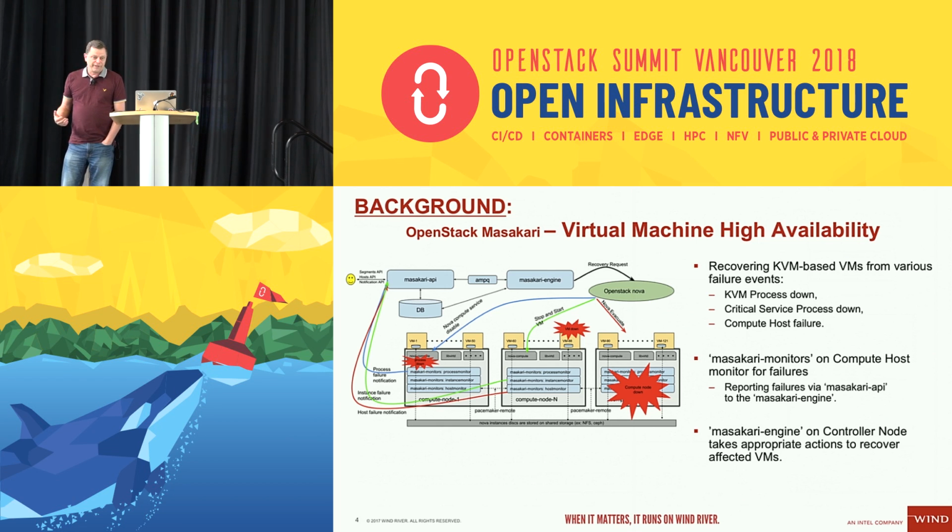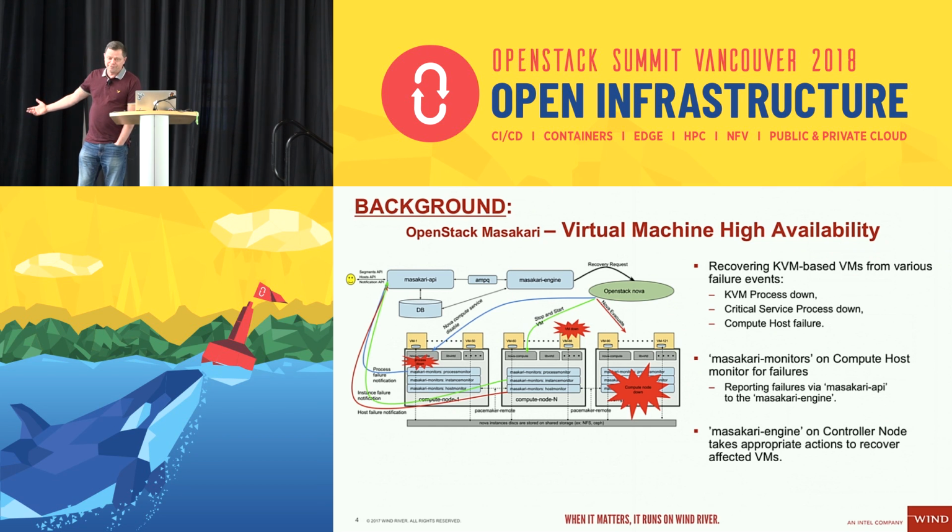And they also do monitoring of the instances, the VMs themselves. If they detect a fault, they report it up to the Masakari API and Masakari engine running on the OpenStack controller. Then the Masakari engine, based on the fault type, has the smarts to do recovery of the particular virtual machine.